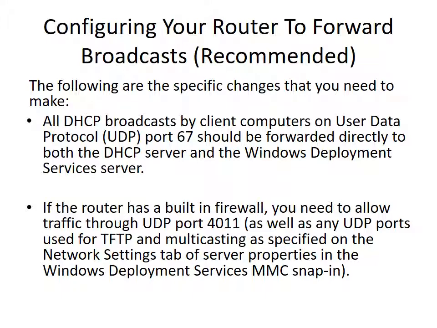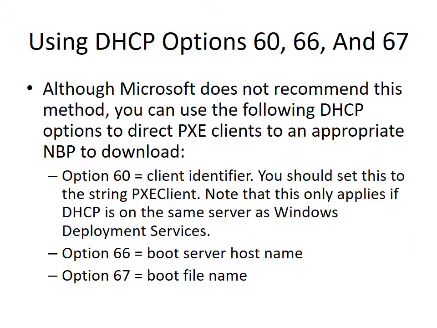So when you log into the WDS MMC, you'll be able to see this port information. So if you're going the route where you need to forward traffic via your router, these are the networking changes that you'll need to make. Again, this isn't the recommended method for doing this, but it does work.